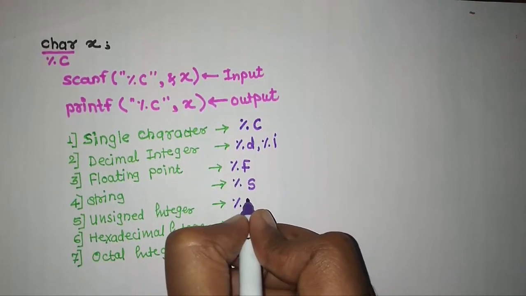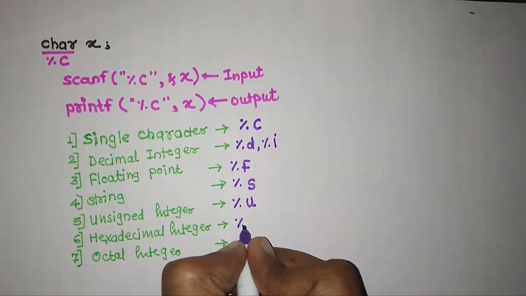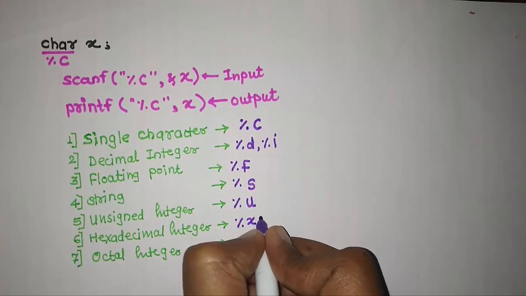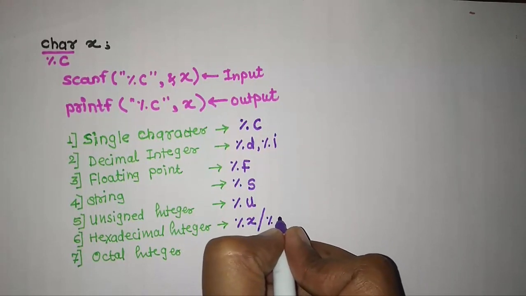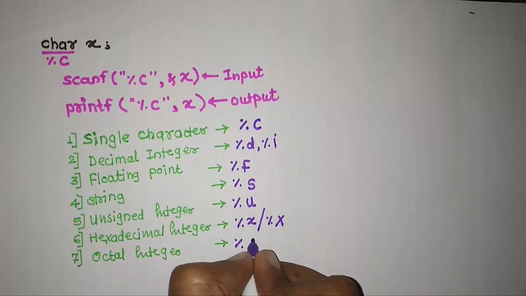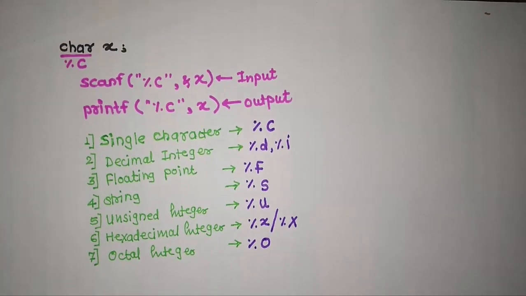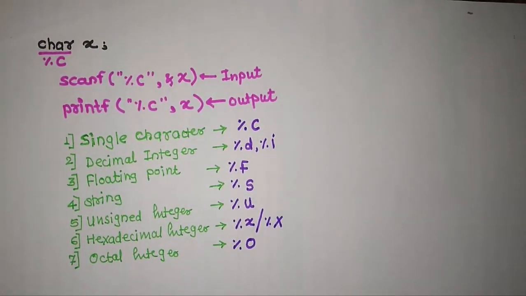For unsigned integer, %u. For hexadecimal integer, %x (small x) or %X (capital X), and for octal it is %o. So these are the commonly and most widely used conversion specifiers or format specifiers in C language programming.